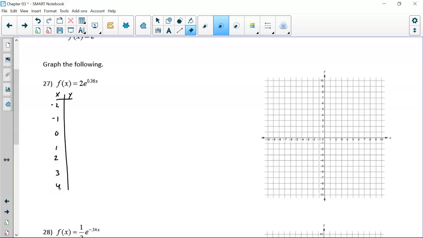Remember, the calculator's going to do all the work for us. -2, you're going to get about 0.98. -1, 1.4. 0, 2. 1, about 2.9. I'm just rounding them. 2 is about 4.1. 3 is about 5.9, and 4 is about 8.4.